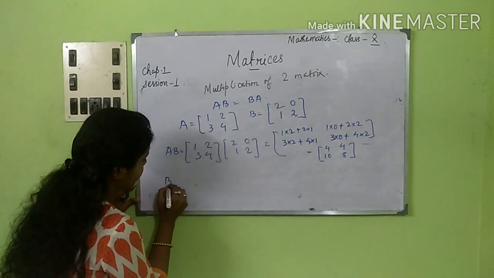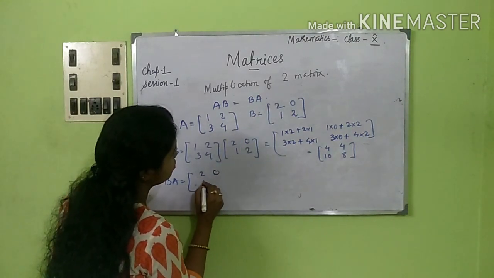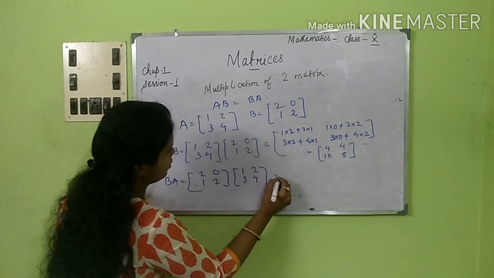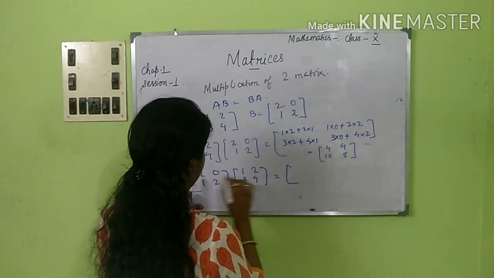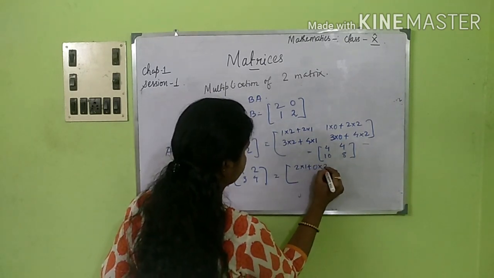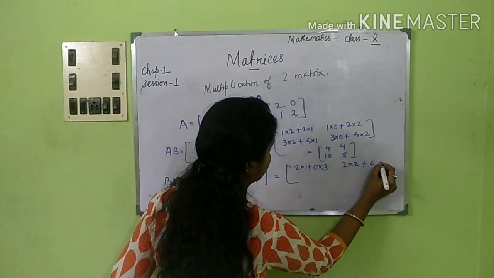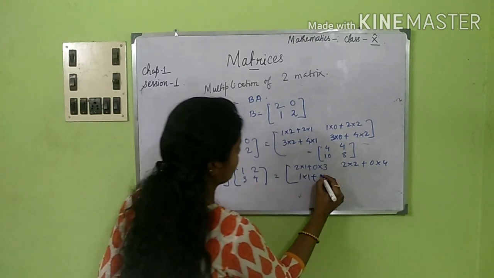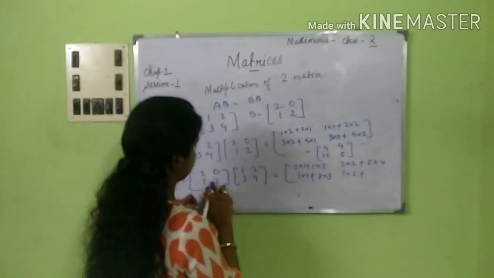Next, BA. For BA first we will write the B, 2, 0, 1, 2, and this is your 1, 2, 3 and 4. So you are having 2 into 1 plus 0 into 3, then again 2 into 2 plus 0 into 4, 1 into 1 plus 2 into 3, 1 into 2 plus 2 into 4.